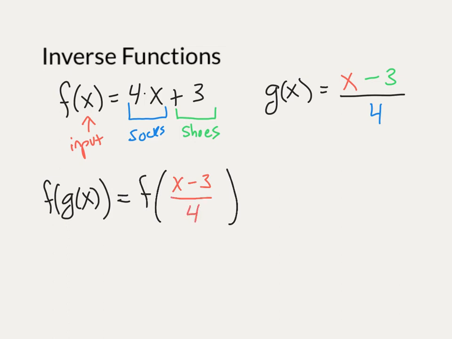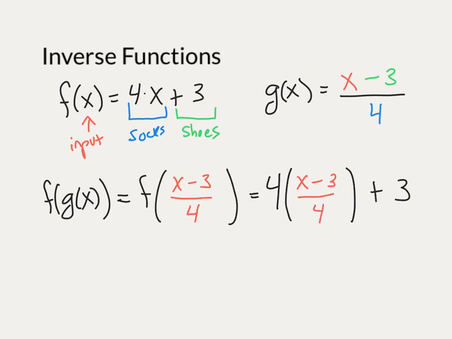Okay, so we have that above. Step 2, we're going to take our function f and look at what it's doing. Whatever our input is, you multiply it by 4, and then you add 3. It turns out that our input here is x minus 3 over 4.